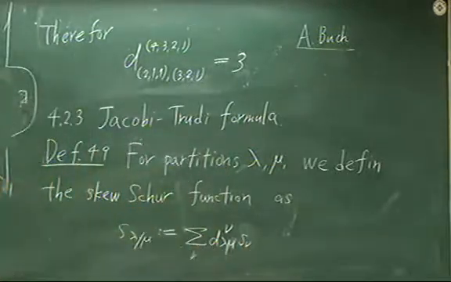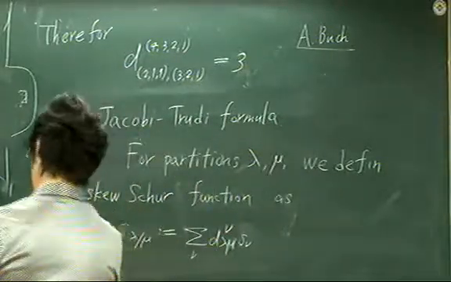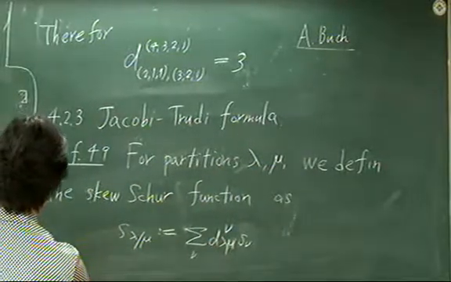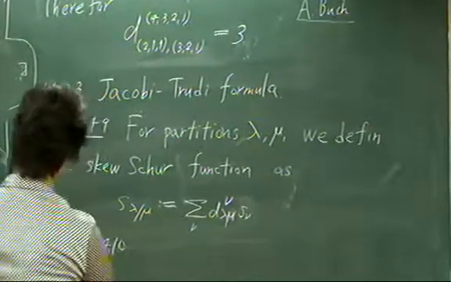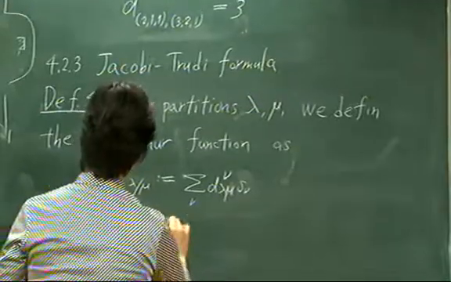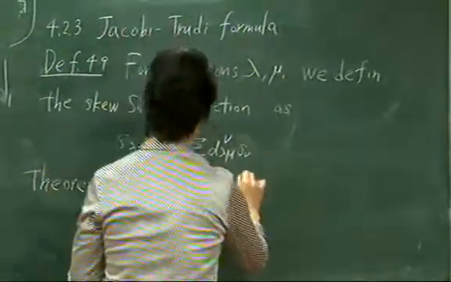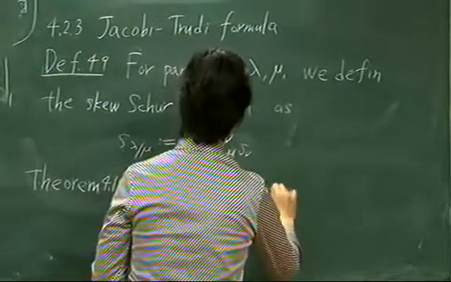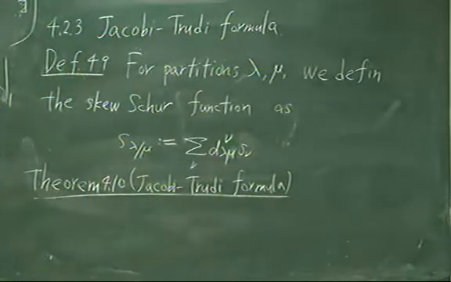d lambda mu nu is the LR coefficient. Then the Jacobi-Trudi formula is stated as follows.